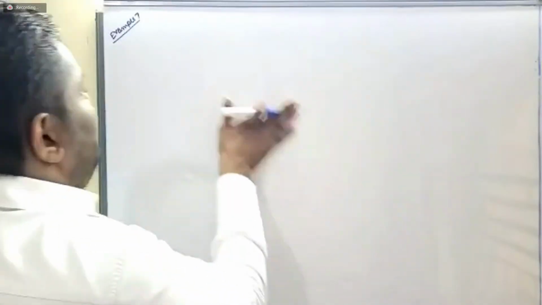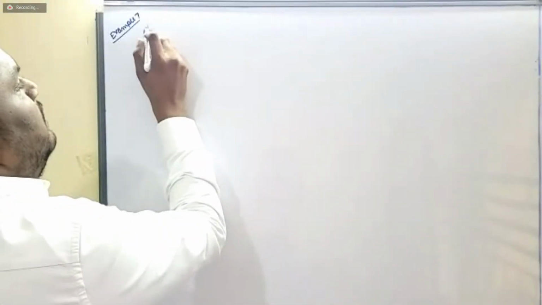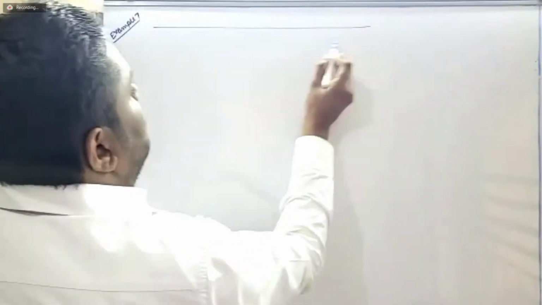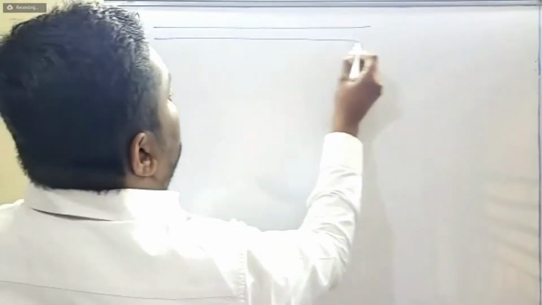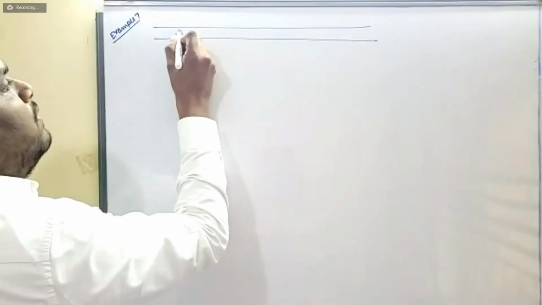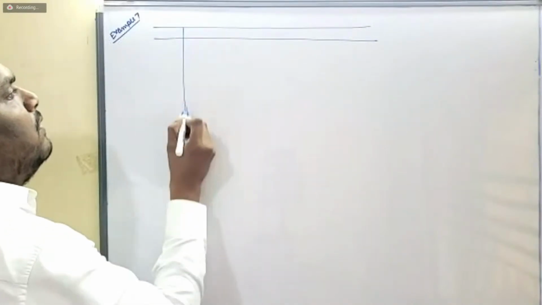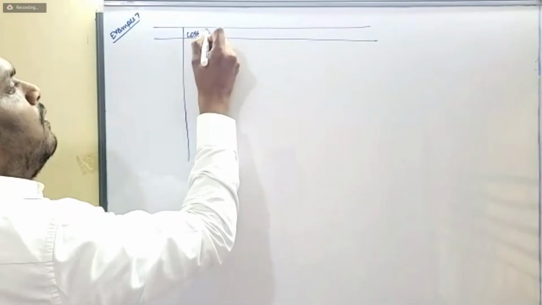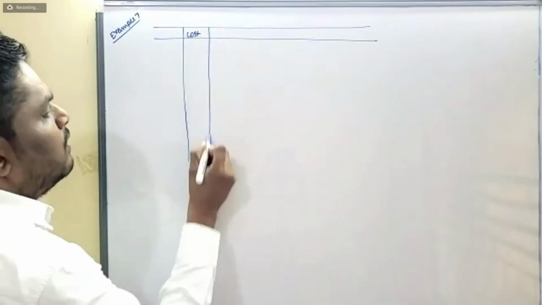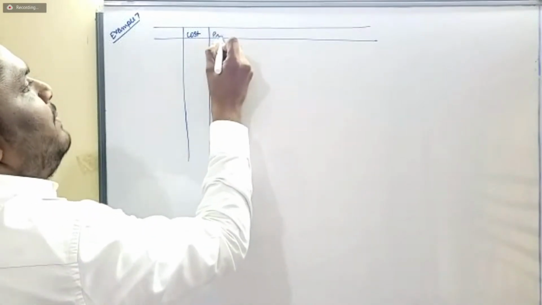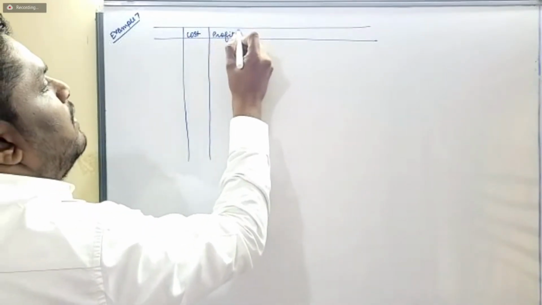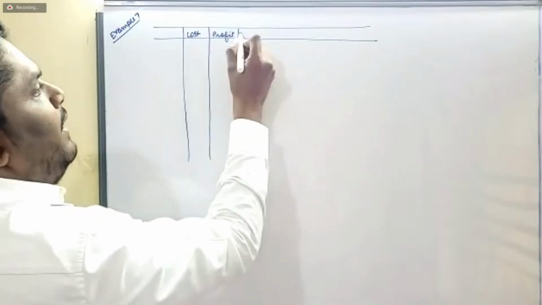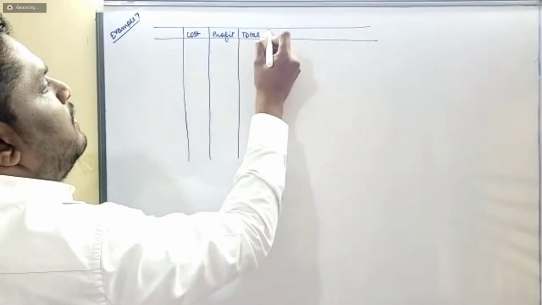Now, when there is a profit element in a process account, the format will be like this: the first column will be of cost, the second column will be profit, and the third column will be total.